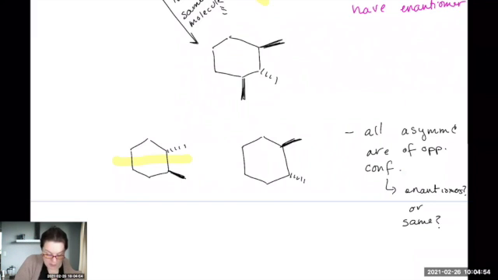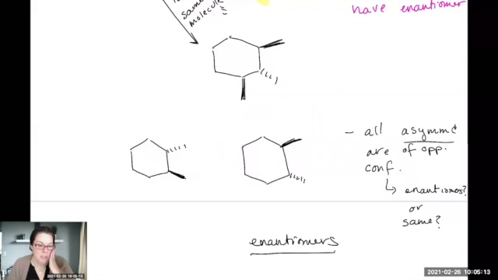So we do not have a mirror plane. If there is not a mirror plane, we have two asymmetric carbons. They are enantiomers of each other, because each of the asymmetric carbons is of the opposite configuration.